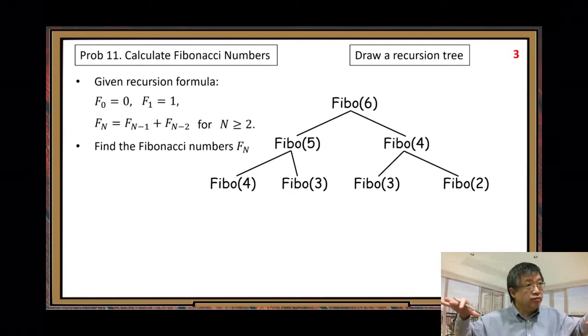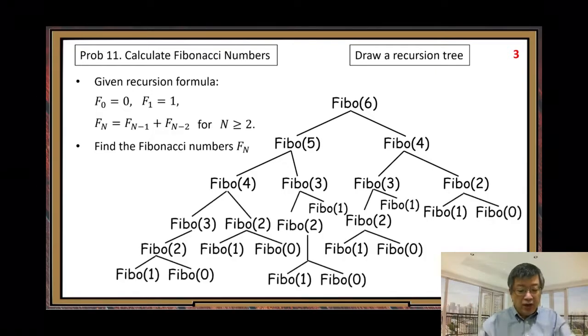Eventually, you get a pretty big tree, like this. Now, when you see this tree, can you get an idea why this recursion method is so slow? Try to look at the tree. What property can you see from the tree?